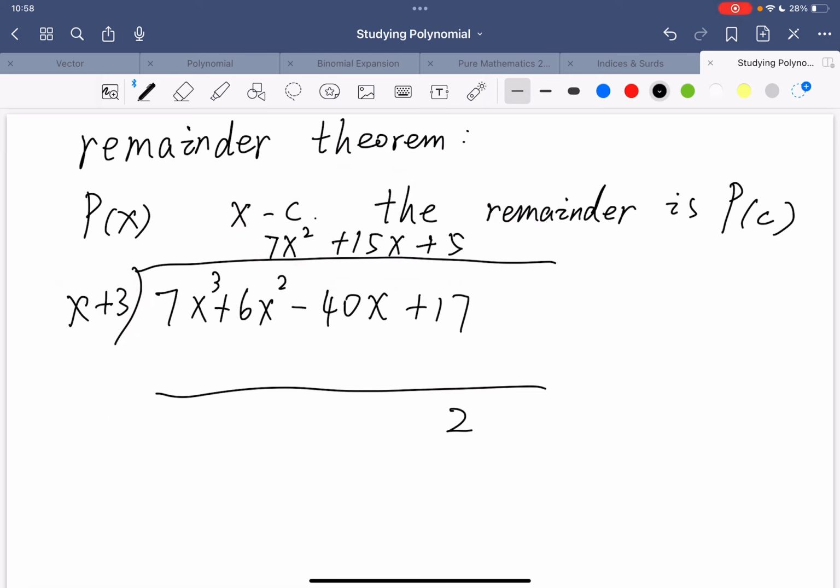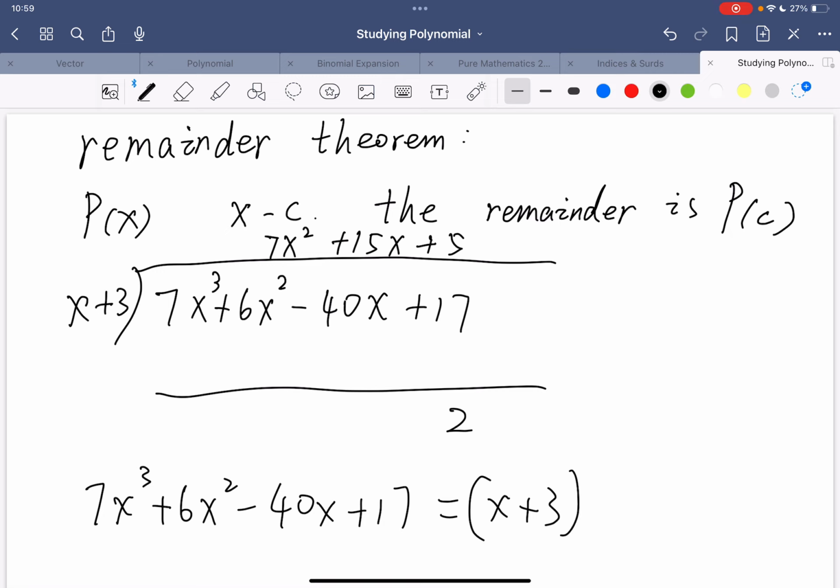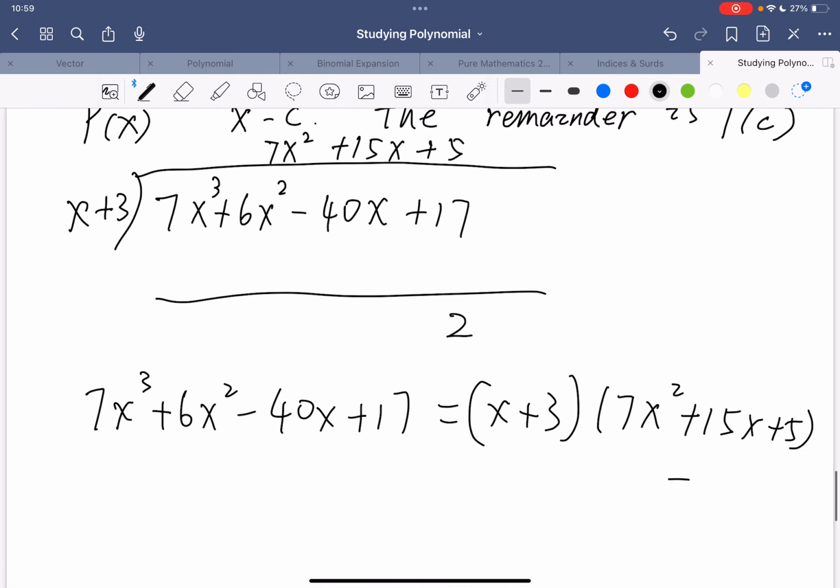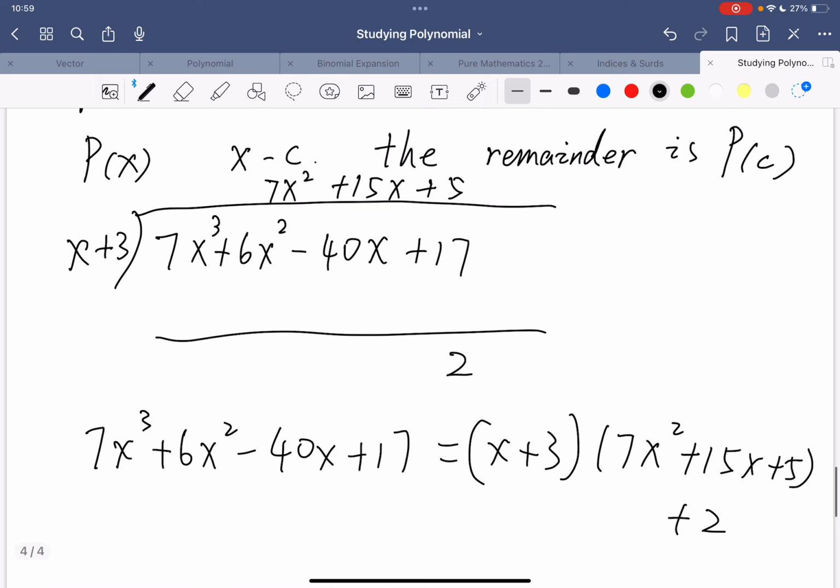Because this one, in theory, would equal x plus 3 times this one, right? Is that right? No, we still add 2 afterwards because it's not exactly divisible. There is a remainder afterwards. So it equals a times b plus the remainder.